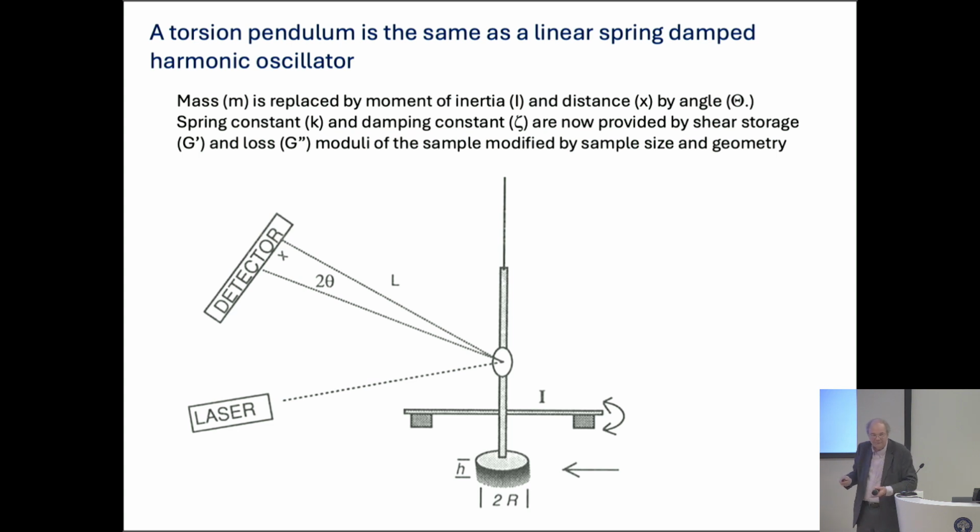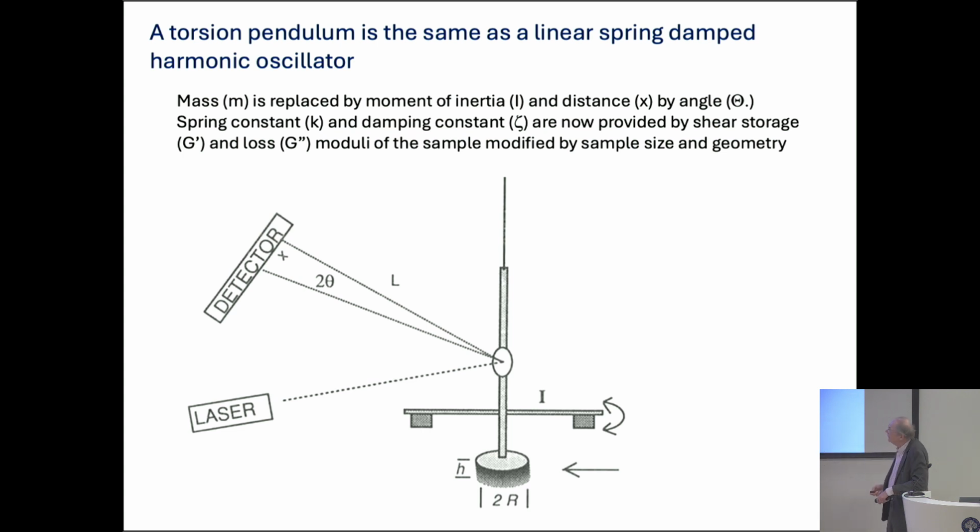A piece of liver, a piece of brain, or in our case, a small sample of some elastic material. You cut a piece of material. As long as you know the size and shape of the material, you can relate the spring constant measurement to a real material shear modulus.